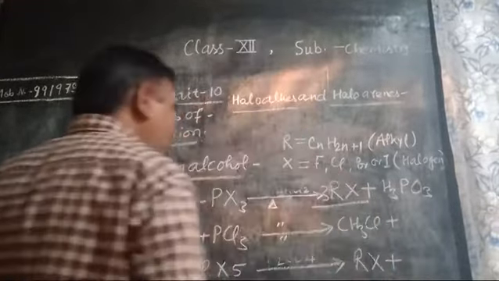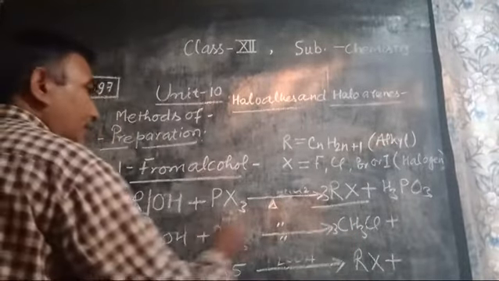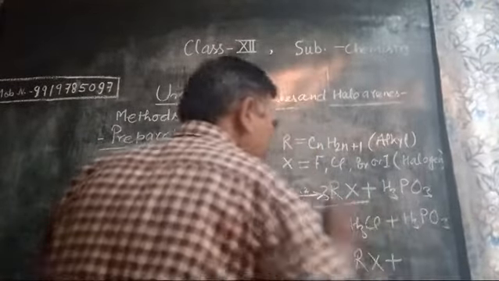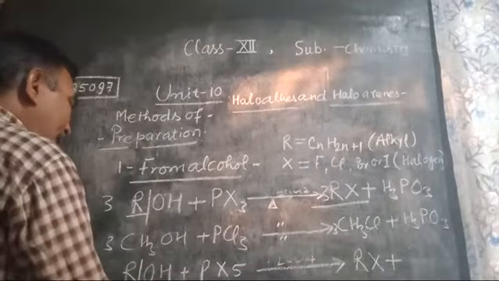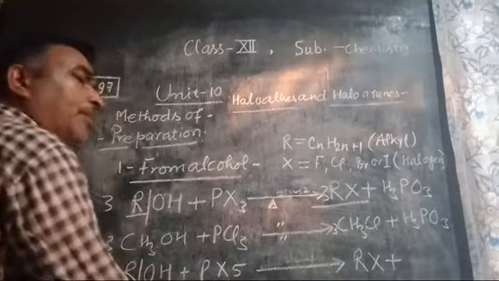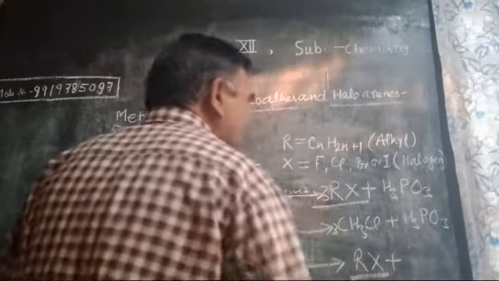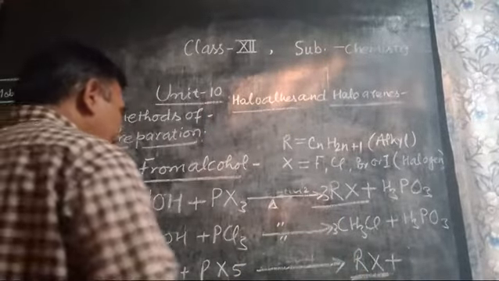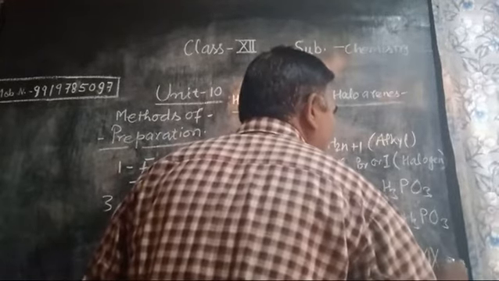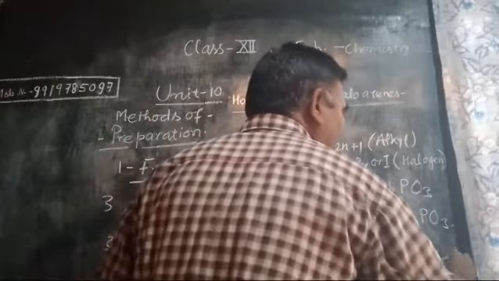Alkyl halide molecules are formed. When pentahalides are treated with alcohol, alkyl halide, that is haloalkanes, are formed, as well as POX3, phosphorus oxytrihalide, and HX, hydrogen halide.